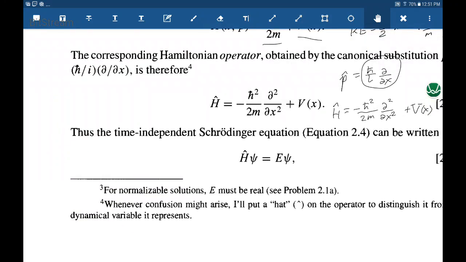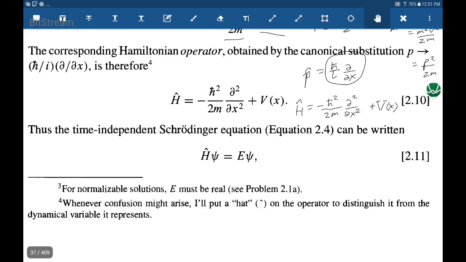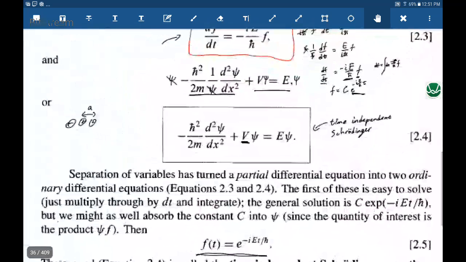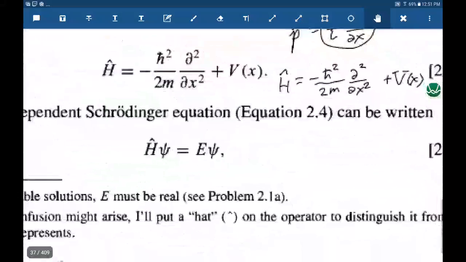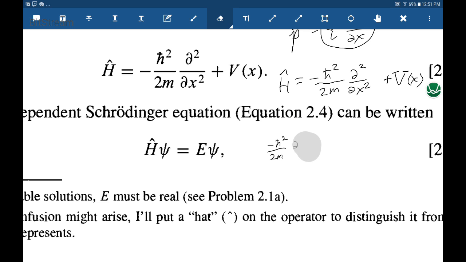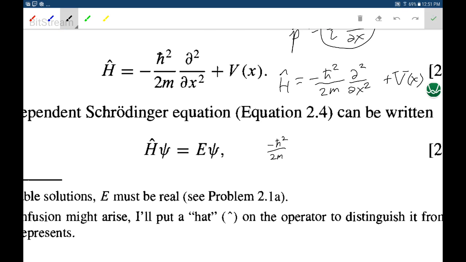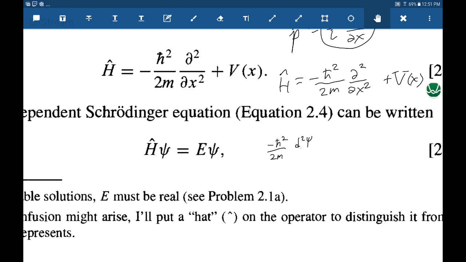So if we throw that into our time-independent Schrödinger equation, and remember we multiplied through by psi, then we had V psi equals E psi.